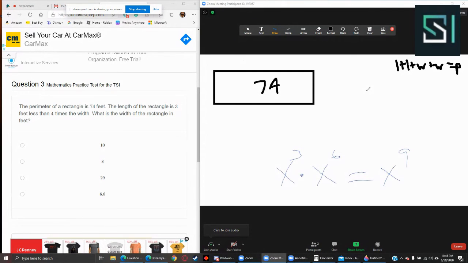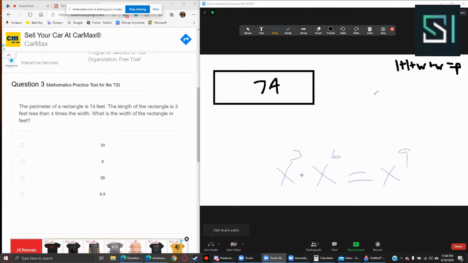3 feet less than 4 times. So now think in terms of the variables, W and L. Declare the value for them. It's just like doing Python, right? So you declare the variables, in this case W and L. So L equals what?